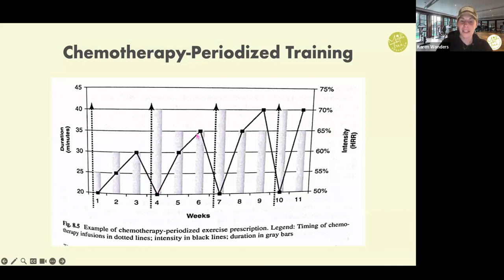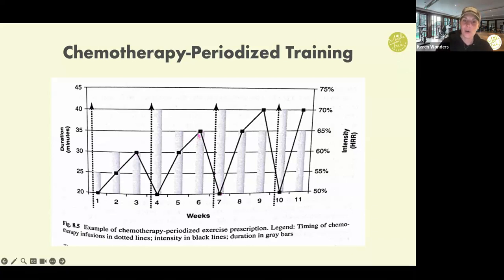So it's a non-linear, non-standardized approach to this progression when patients are in chemotherapy, taking into consideration the further you get from that chemotherapy treatment, the better the symptoms are improving, the higher the intensity you can go, but then lowering intensity on treatment weeks to account for, hey, you're probably not going to be feeling good that week.